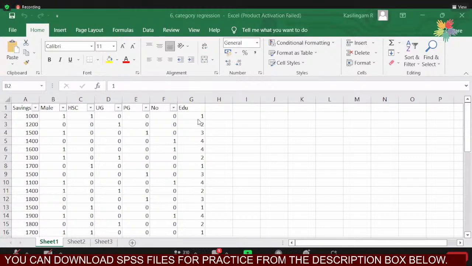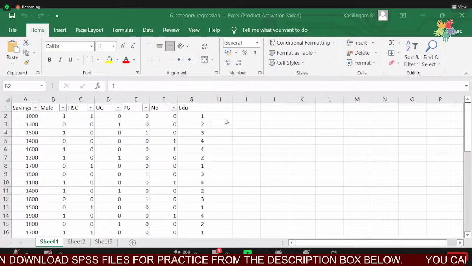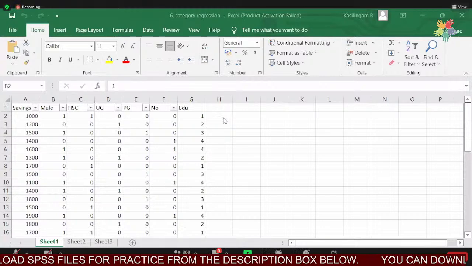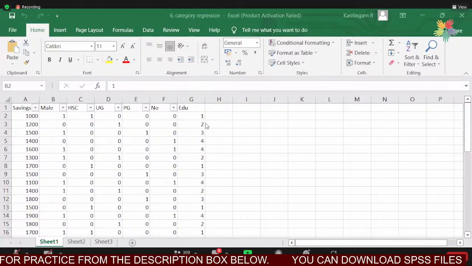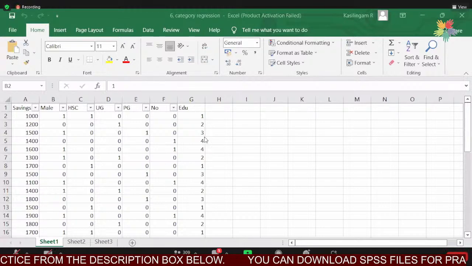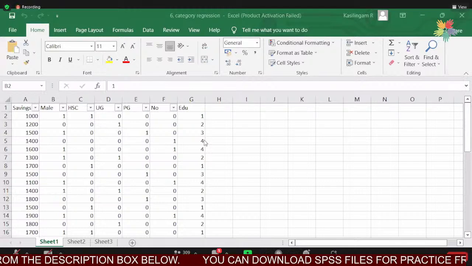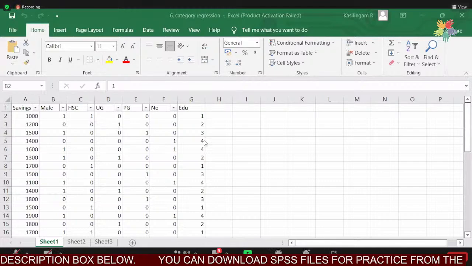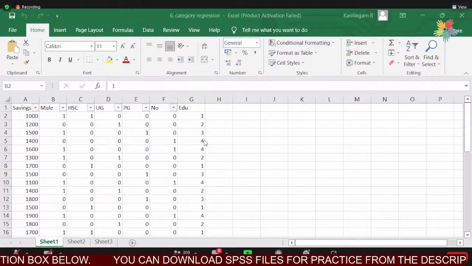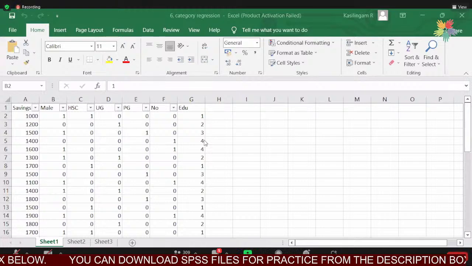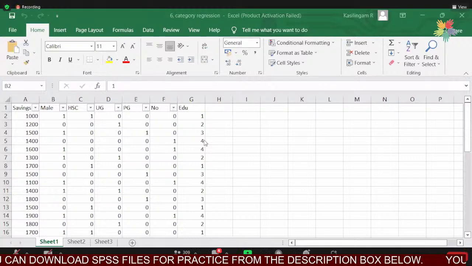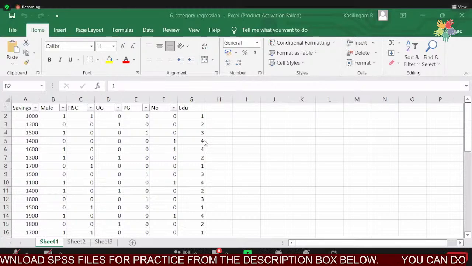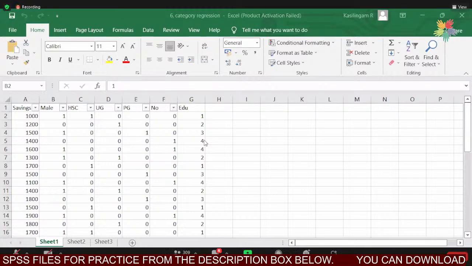For what we have done, one is HSC, two is UG, three is PG, four is no formal education, not studied. We should have coded it differently, but no worry, we should have taken 0 to no education.